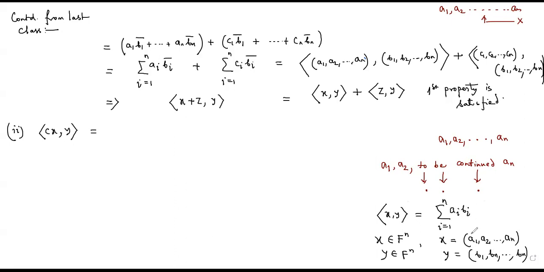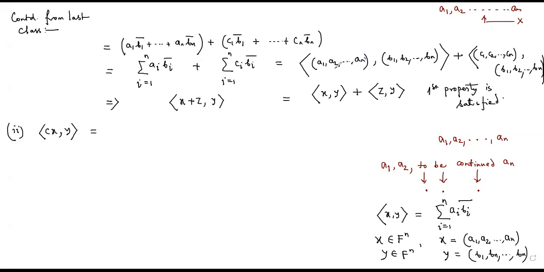In this inner product, we are considering the first component of vector x, a1, and multiplying it by the complex conjugation of the first component of vector y. We are considering the second component of vector x, multiplying it by the complex conjugation of the second component of vector y, and so on. And we are adding them together. This is the meaning of this operation.